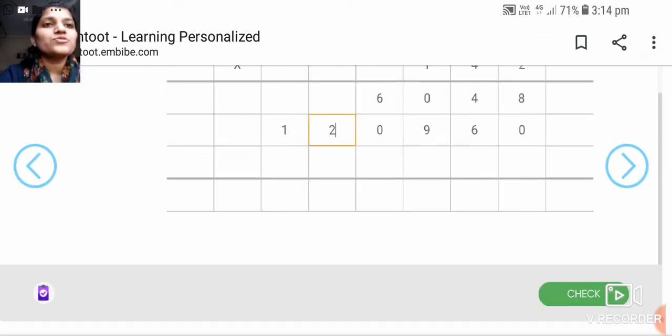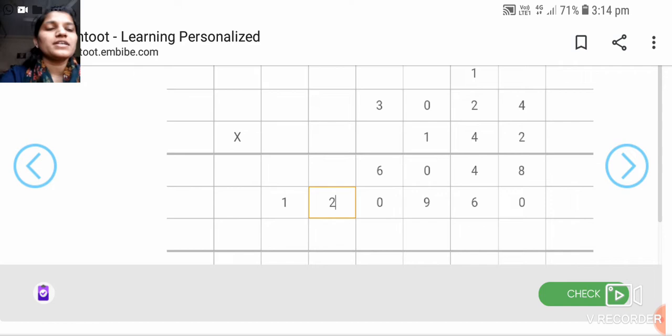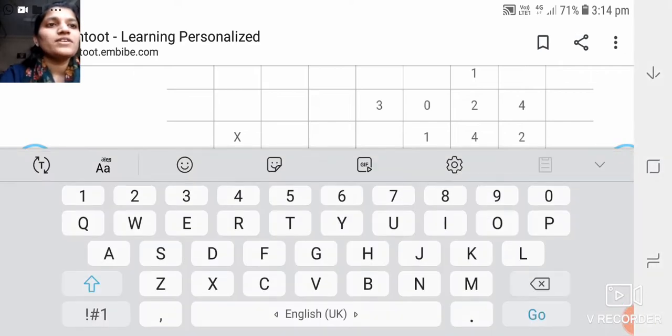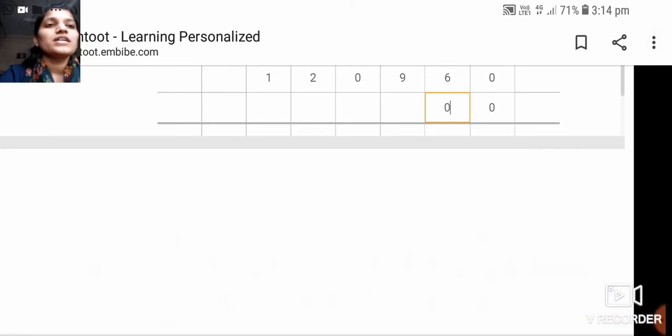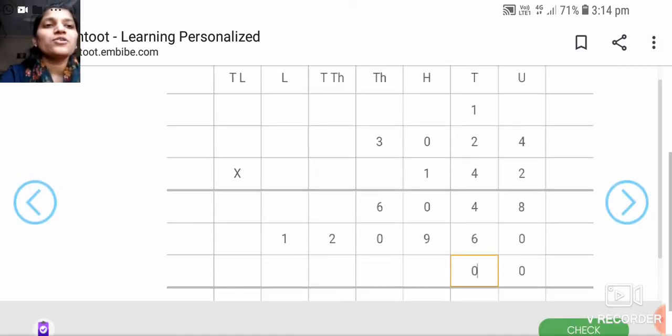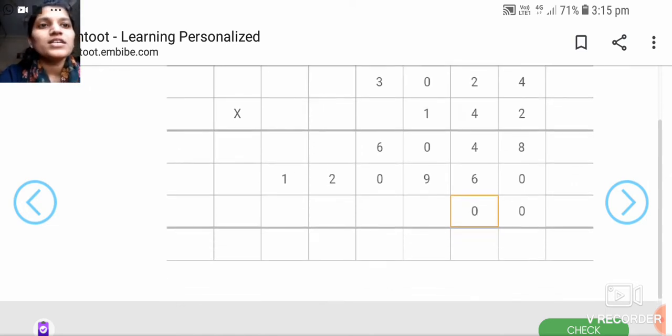Okay, so now students, when we start with the third step, we all know that we have to give 2 zeros. Now our last step will be, we are going to multiply 3024 by 1. So we know that when we multiply any number by 1, we get the same answer. So 3024 into 1 is 3024.